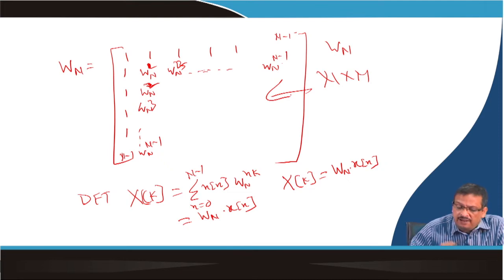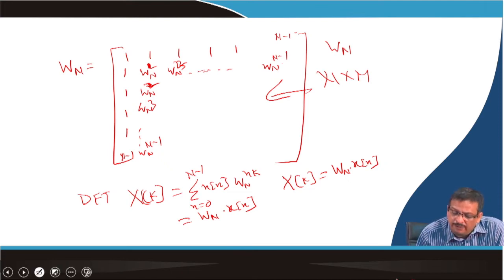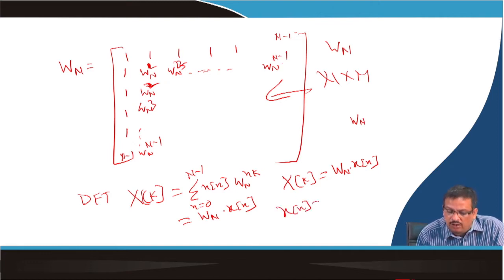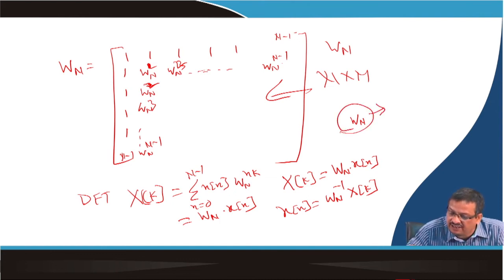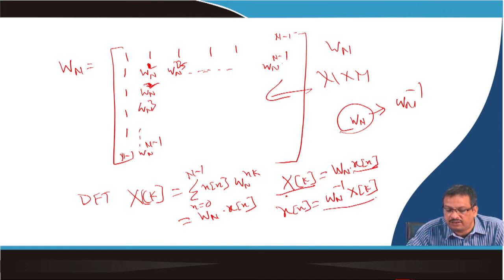Okay. Then, let's say W_N has an inverse transform. So x of n is equal to W_N inverse times X of k. This is a linear transformation. If the W_N matrix has an inverse, then x of n is nothing but X of k divided by W_N, which is the matrix inverse.